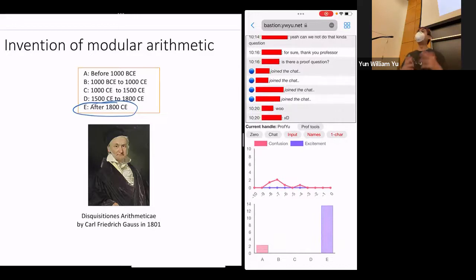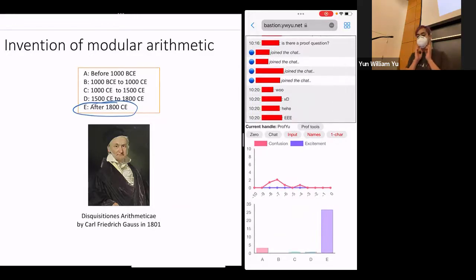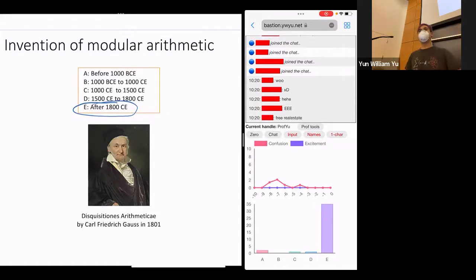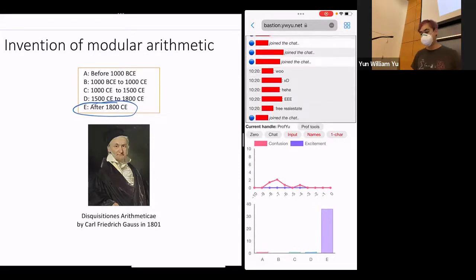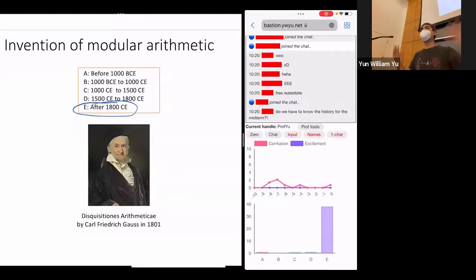Modular arithmetic was invented in 1801, just barely the 1800s, by Carl Friedrich Gauss, who is one of the titans of 1800s mathematics. It's only barely the 1800s since the treatise that he published was only in 1801.